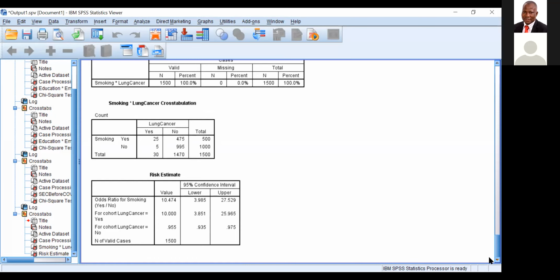It will calculate the odds ratio for you, in case that's what you want to use the data for. Then the relative risk is that number one, for cohort lung cancer equal to yes. It tries to tell you that, for the people that have lung cancer equal to yes, because that is the outcome of interest. So if you look at it, that's 10, what you calculated. That's what we calculated. The relative risk is 10.